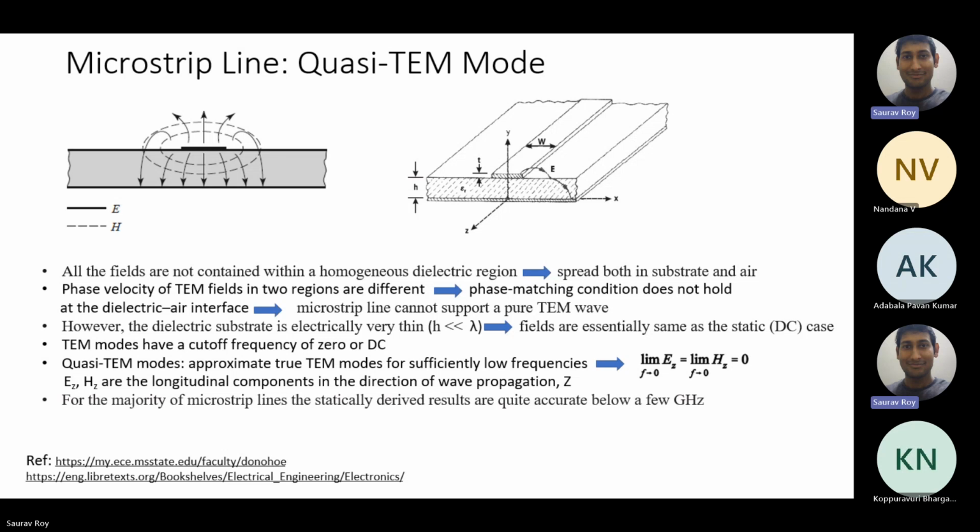So obviously the phase matching condition will not hold. That's why the simple TEM mode will not work here, and why it says microstrip line cannot support a pure TEM mode. Do you understand this?